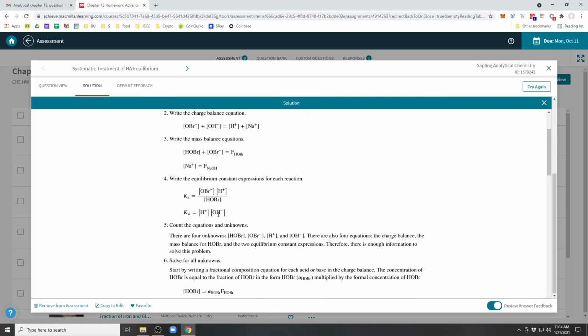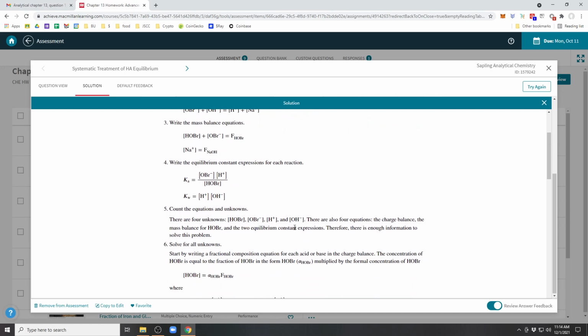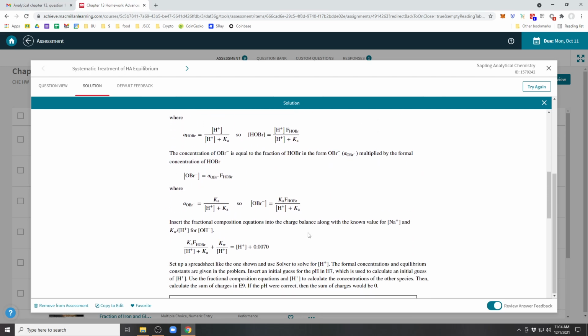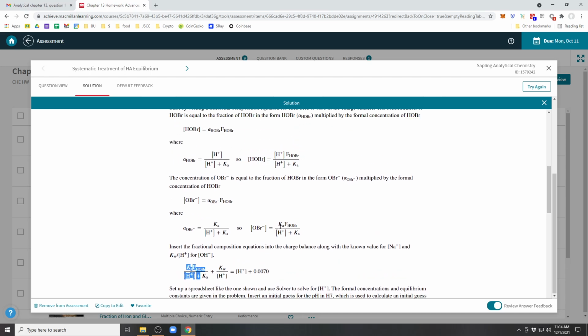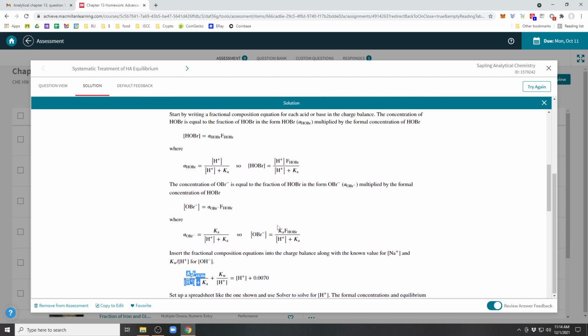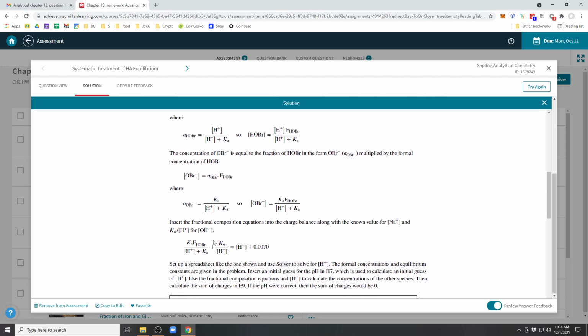Okay, so we've taken those, substituted all the terms. Now all of the terms are going to be in terms of Ka, which is a constant, formal concentrations, which are values we were given, and concentrations of H plus. And that's what we have right here. This is that formal concentration that we've generated up here. This one is just the Kw relationship.